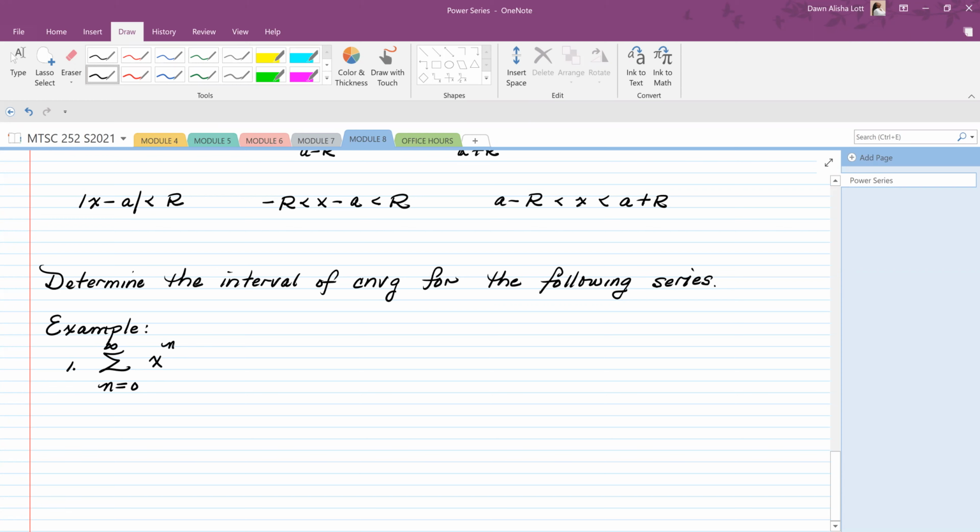This series is 1 plus x squared plus x cubed, so that should look familiar to you. That series, if you remember, is the sum n equals 1 to infinity of x to the n minus 1.